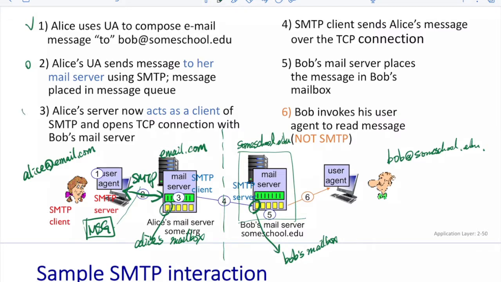Now Alice's server acts as a client of SMTP and opens another new TCP connection to the receiver's email server, and the message will be pushed to Bob's mailbox.